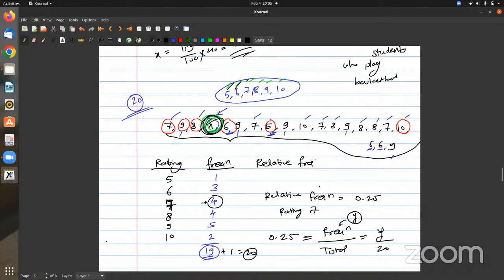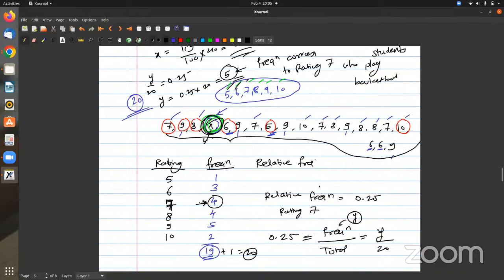So y by 20 equals 0.25. That means y equals 0.25 times 20, which is 5. So ideally the frequency corresponding to rating 7 should be 5, but in our data set it is coming as 4.